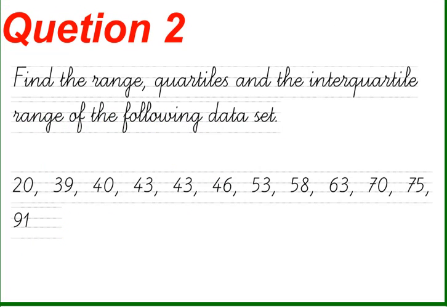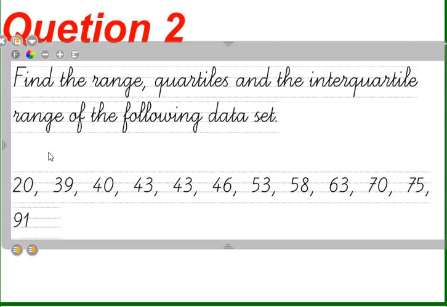Question 2: find the range, quartiles, and the interquartile range of the following data set. Let's make sure it's ordered in ascending order first. Looking at this, we can see that it's already ordered in ascending order, smallest to largest. Our smallest number is 20 and our largest number is 91.